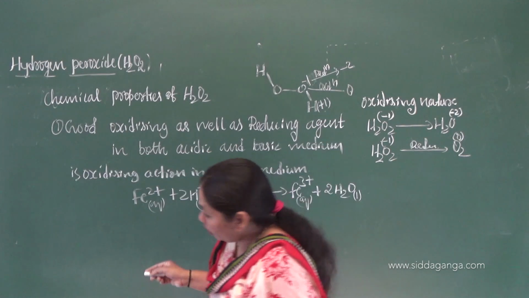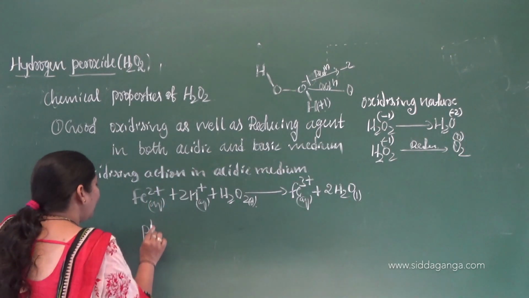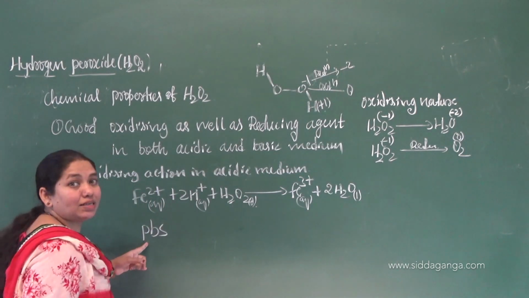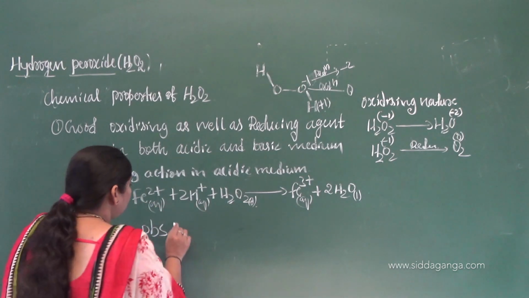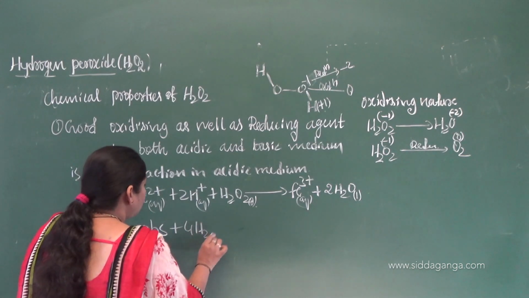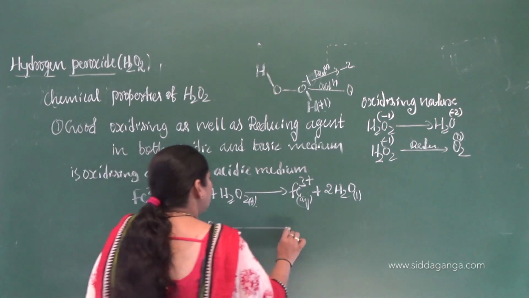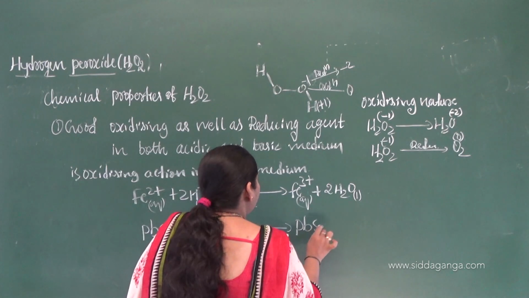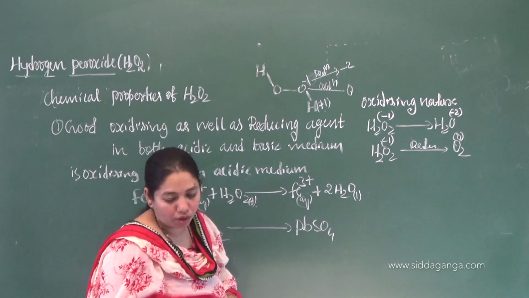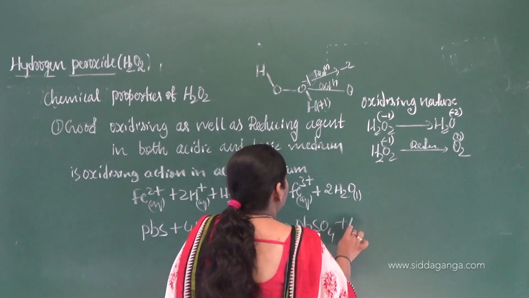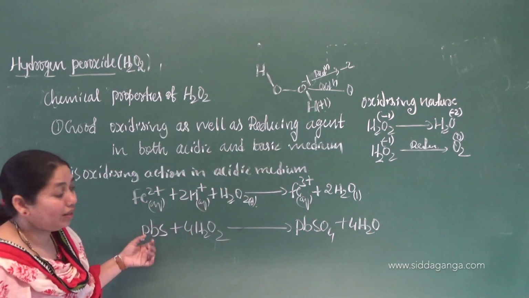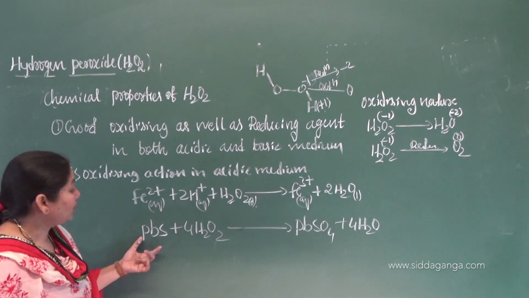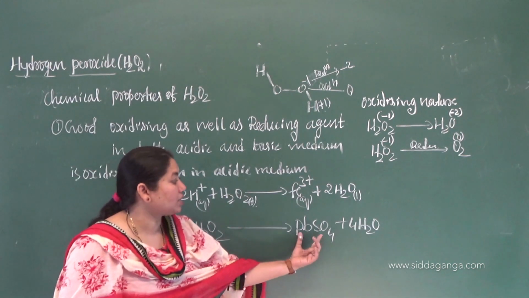Likewise, you can have one more example. If you take lead sulfide, PbS, and make it react with hydrogen peroxide, H2O2, it will be converted into lead sulfate, PbSO4, and hydrogen peroxide will be converted to water. This is the reaction we can see. Sulfide is converted to sulfate.